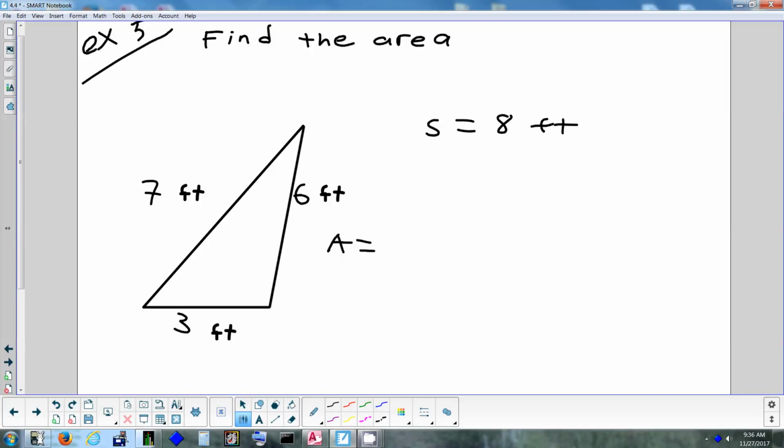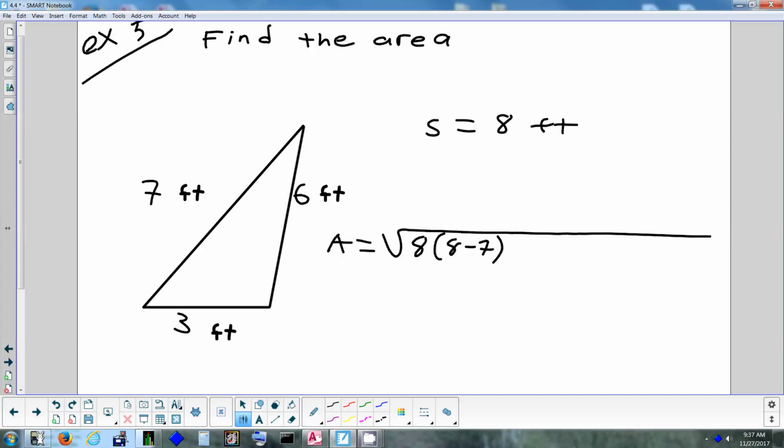All right, so area equals square root. Now you always start with s, which is 8. Now normally we do s minus a, s minus b, s minus c. But we don't know which one is a, which one is b, and which one is c. Is that a problem? No, it doesn't matter because you have to do s minus every one of them. So do them in any order you want.